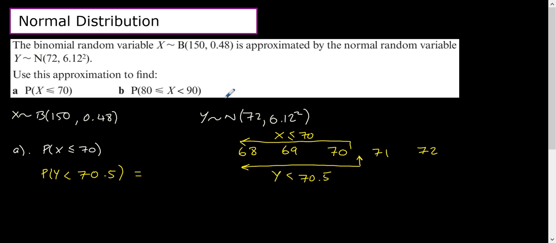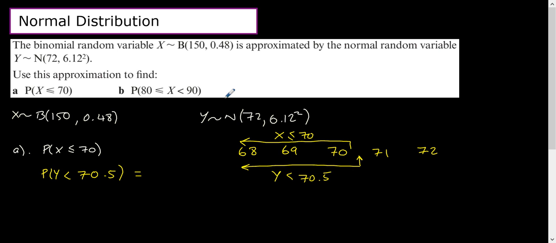So straight to the calculator. And we're going to go to menu 7 for the ClassWiz, and if you've got the CG50, you go to your menu 2, and then you select your option F5 for your distribution, and then you follow those instructions from there on. So the probability that Y is less than 70.5. We've got normal CD is what we're interested in. Our lower, if you remember, is our very small number, minus 100,000 will do nicely.